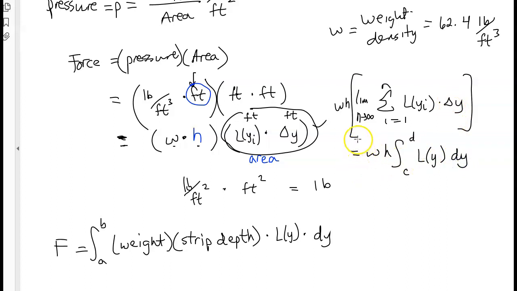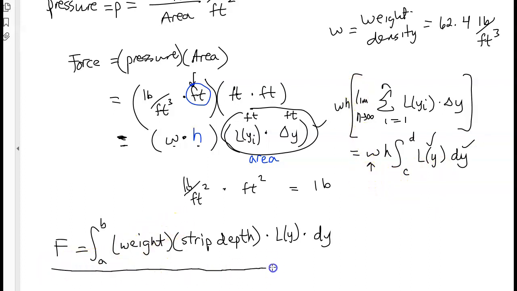Okay. And so we see here that if I'm given the weight density, and I'm given this height, which in general is just some specific constant y value, and then I have that along with my horizontal length and delta y, then this ends up being the formula that we use to model fluid force.